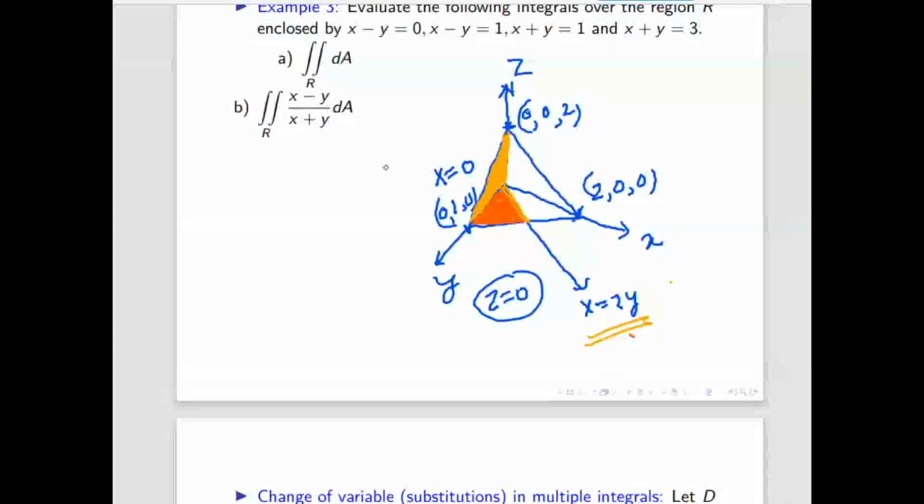That's why I didn't draw this portion and this portion. Are you able to visualize? Z equal to 0 at the bottom, x equal to 0 here, and the front view, if you see this picture, is x plus 2y plus z equal to 2, and this x equal to 2y will also make the partition of this. So now we'll apply the limit.